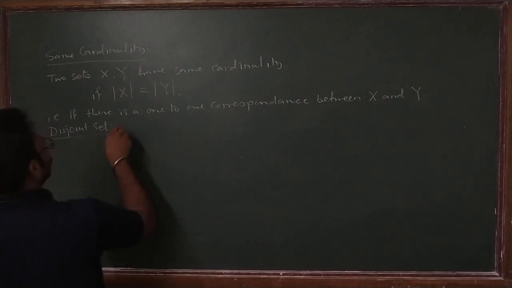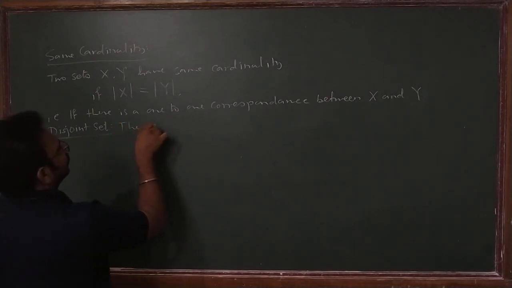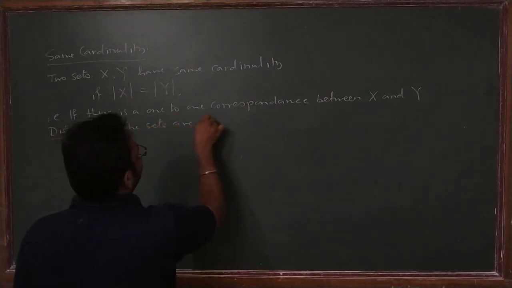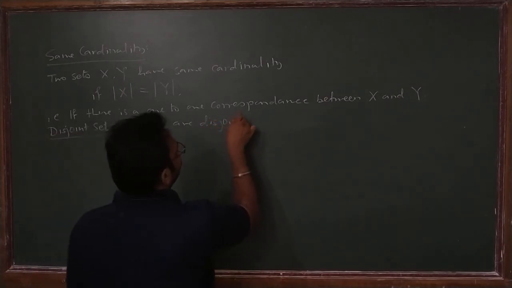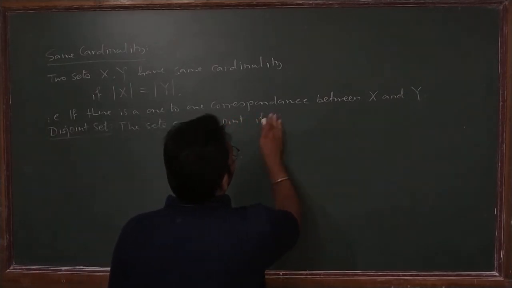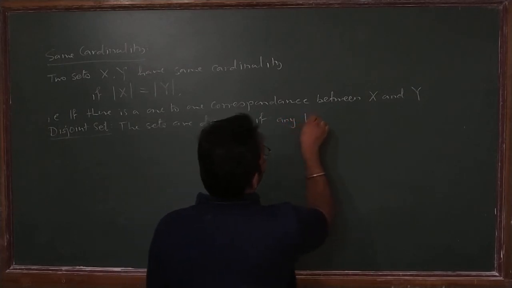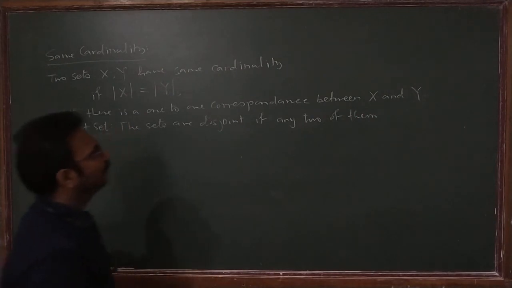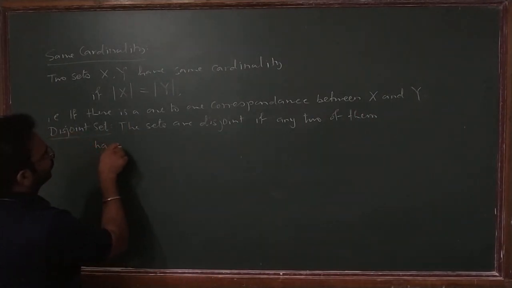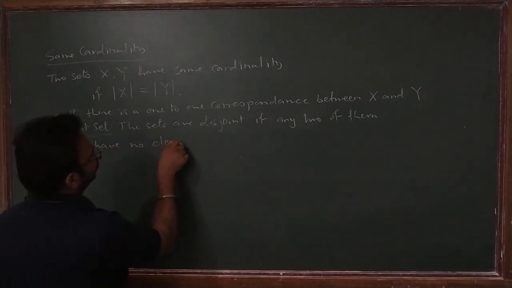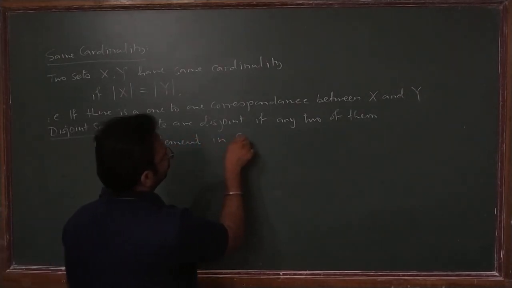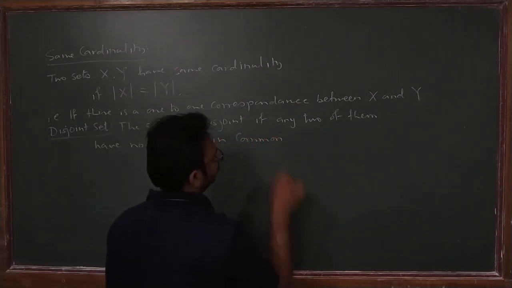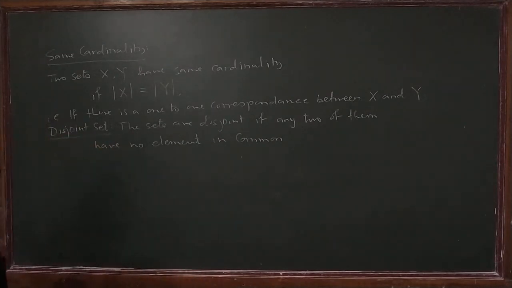So the sets are disjoint if any two of them have no element in common. Right?